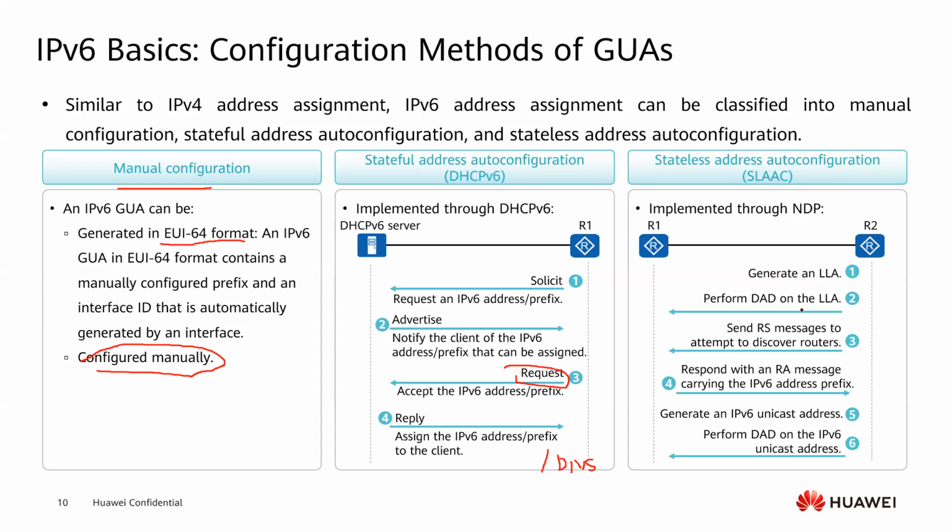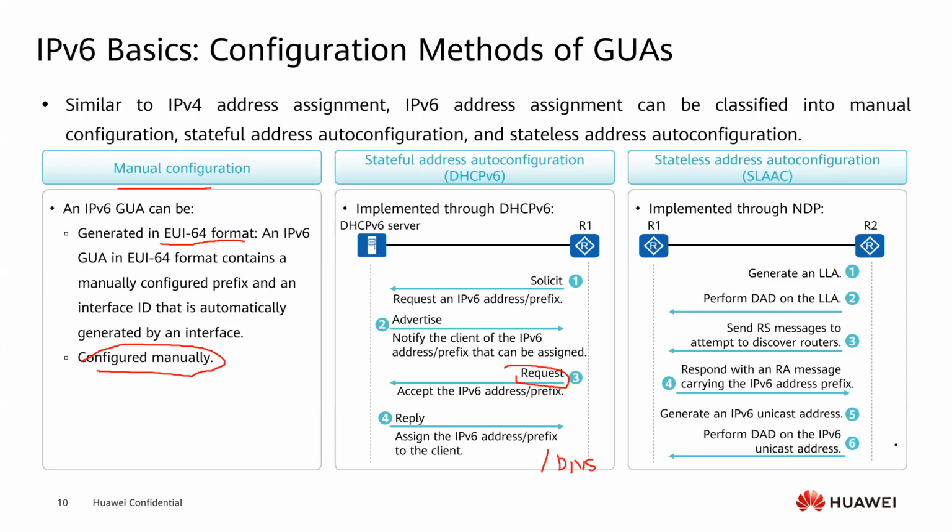And the final one is about the NDP, the SLAAC. You can generate a link local address, and you can use the link local address to send a message to discover routers which have an IPv6 address, and then you can get the network prefix from the router by the message, and then you can generate a GUA address with the prefix and the interface ID.